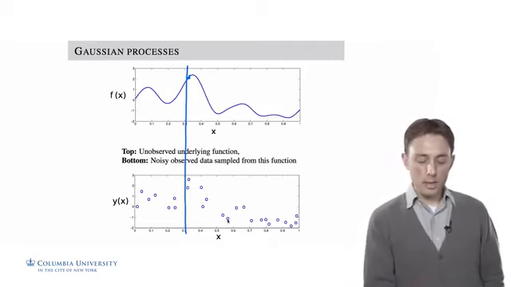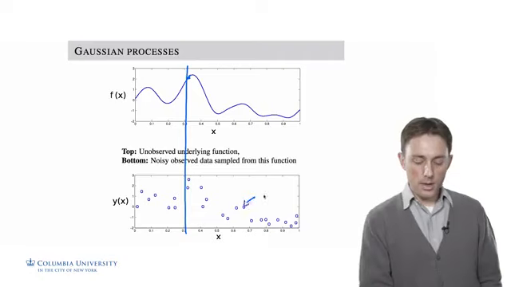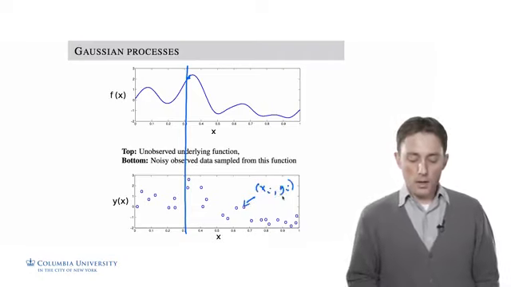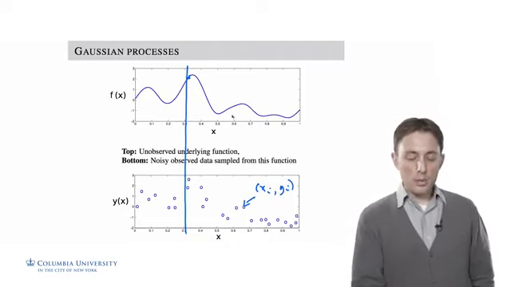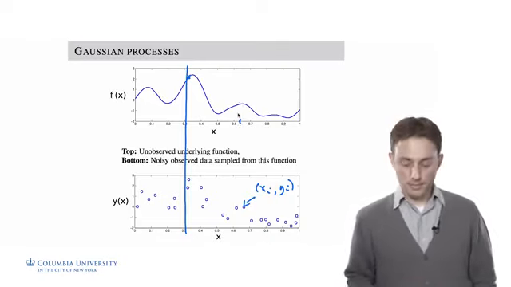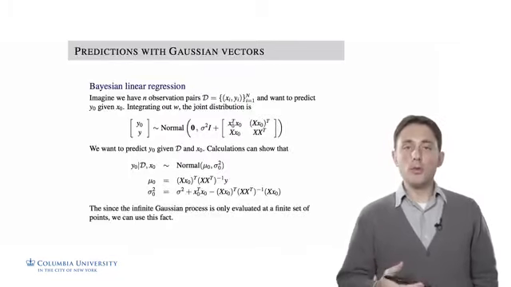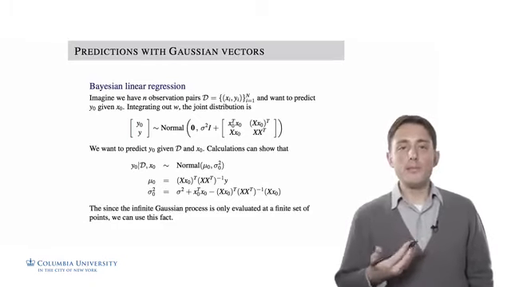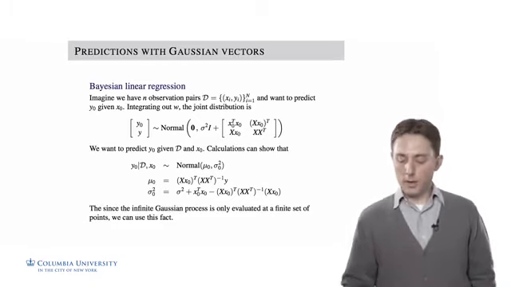So my data set would be a pair here, xi, yi, where xi is the point at which we evaluate this Gaussian process, and yi is a noisy observation of that function evaluated at that point. What Gaussian processes are useful for is predicting new data using this framework. So we have a hypothesis for how the data is generated.